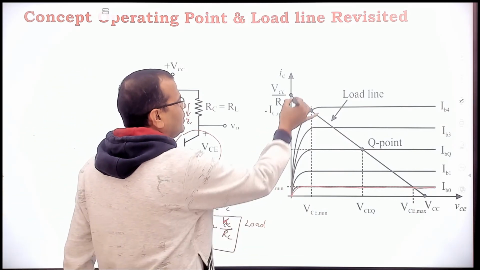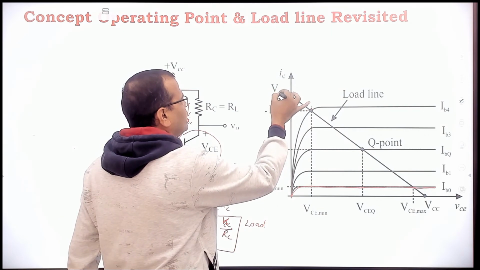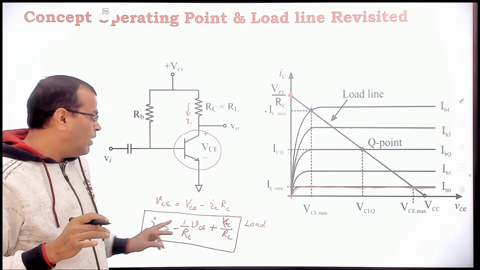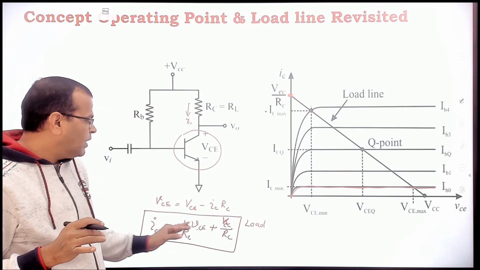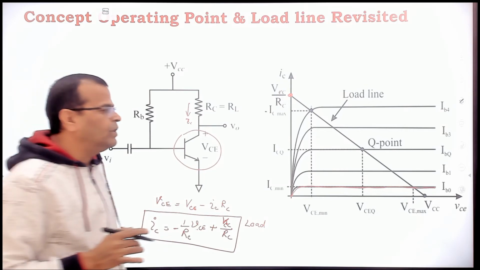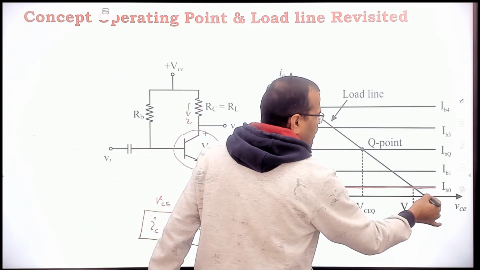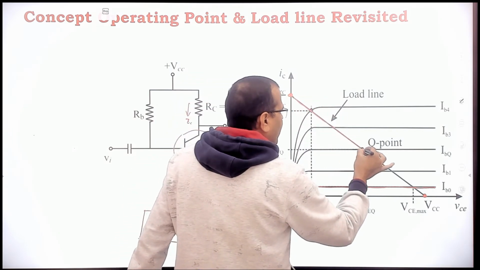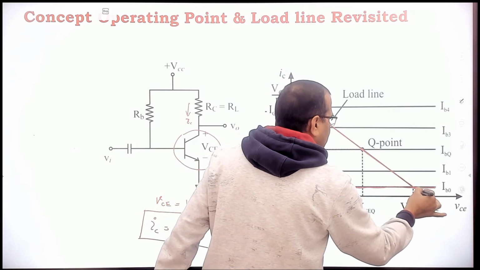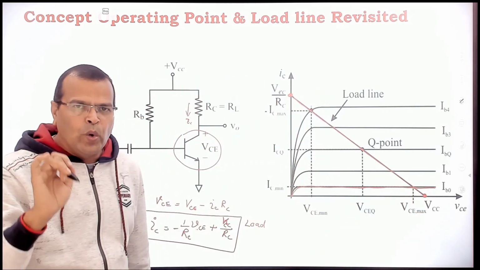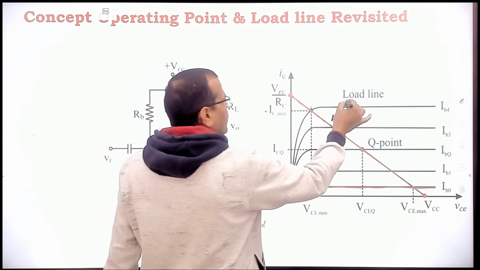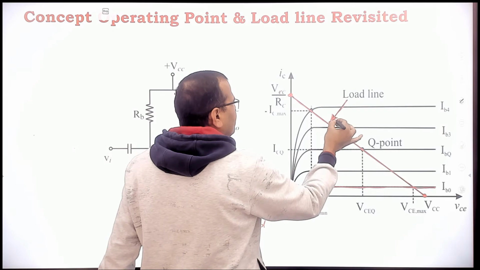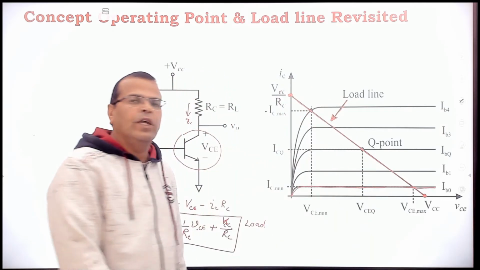So when voltage VCE is 0, this point represents VCC upon RC. And when current IC is 0, VCE becomes equal to VCC. And if you connect these 2 points, that is nothing but the load line. This line is coming from the circuit of the amplifier or circuit of the BJT. So this line is known as the load line.